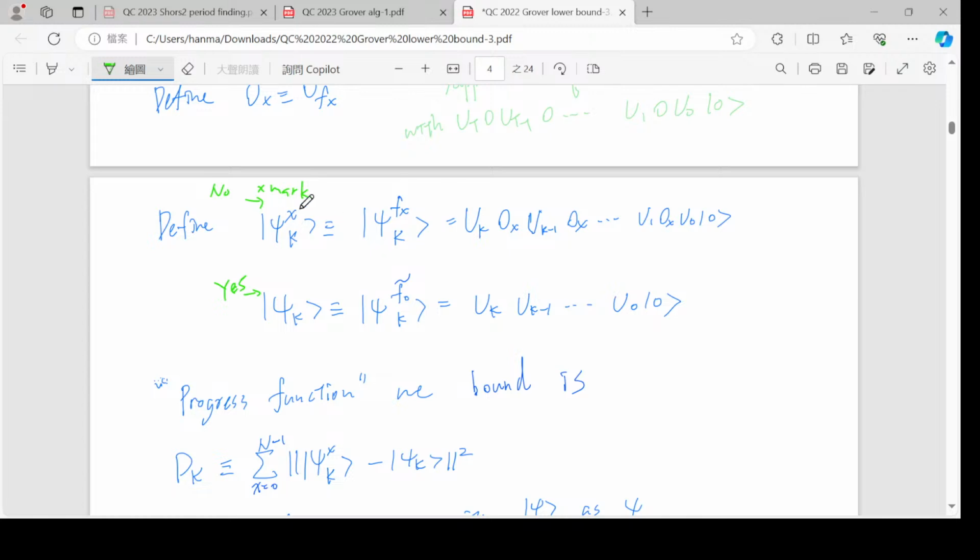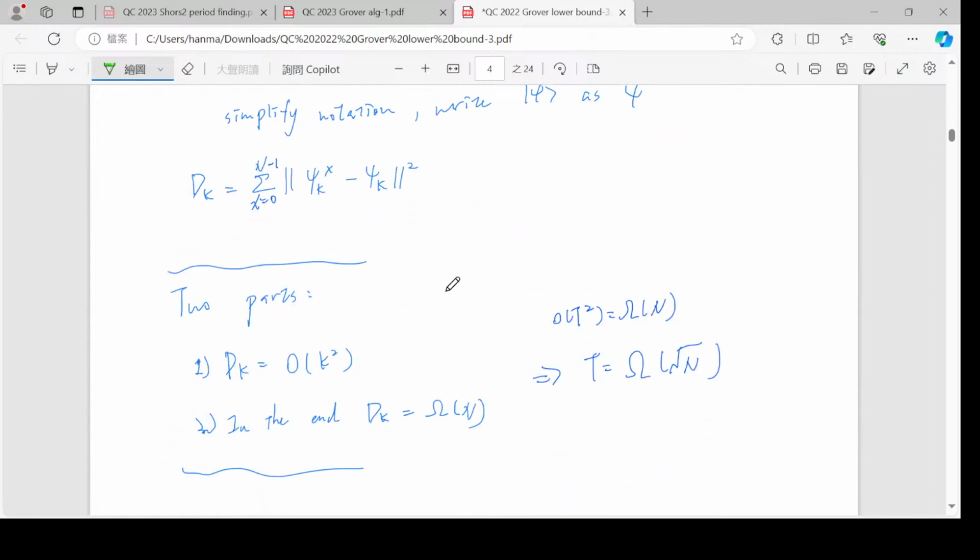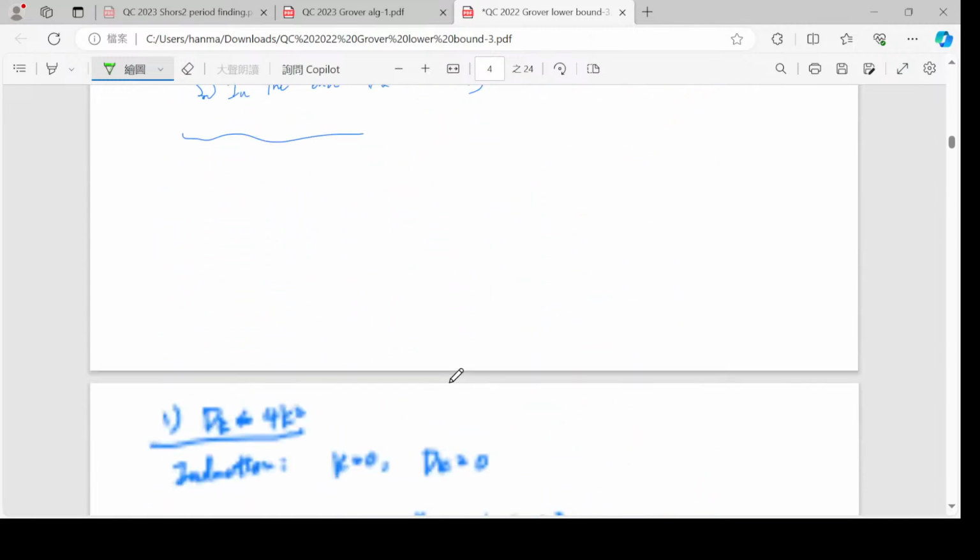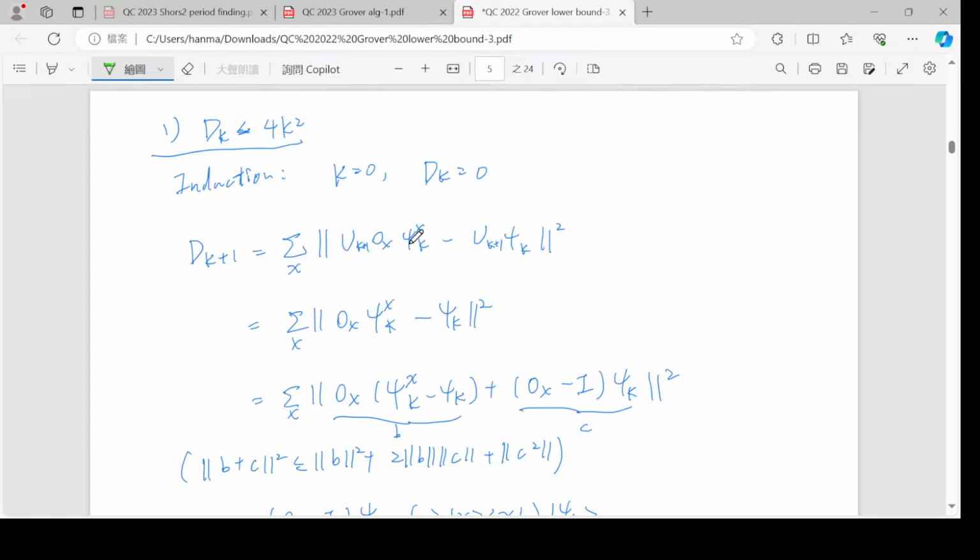On the psi x thing you get extra U k plus 1 and OX, and on the psi with no superscript, you just get extra U k plus 1.